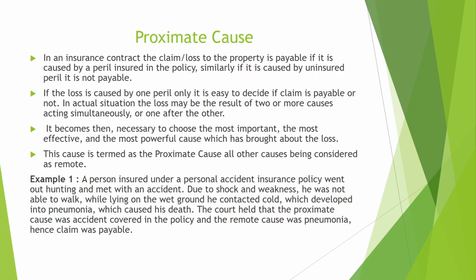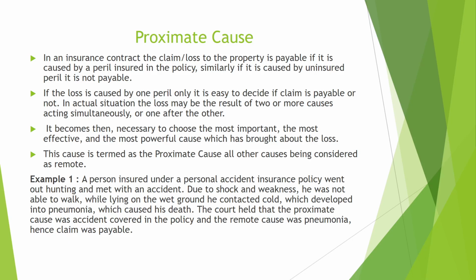Proximate cause, this is the last term that we should know. After that, this unit is over. What it says is, in an insurance contract, the claim for loss of property is payable if it is caused by the peril insured in the policy. Similarly, if it is caused by an uninsured peril, it is not payable.